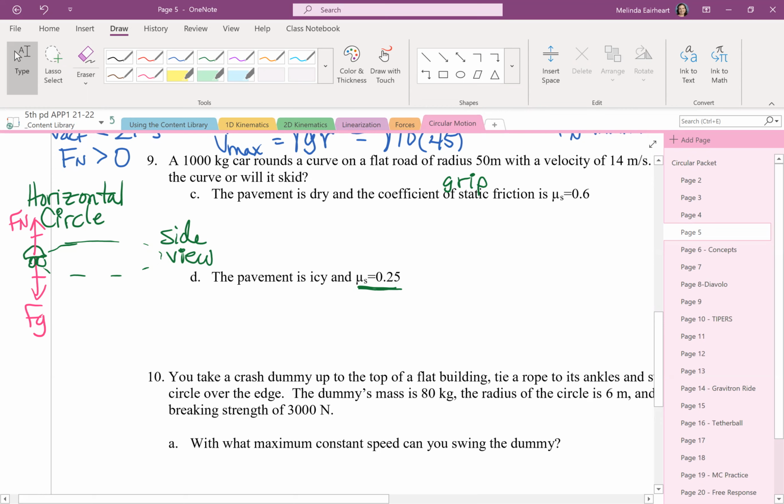If I didn't have grip, would I make the circle? Maybe, maybe not. It depends on my speed. Without that center seeking force, you would not make the circle. If you don't have grip with the road, you're not going to make the circle, okay?